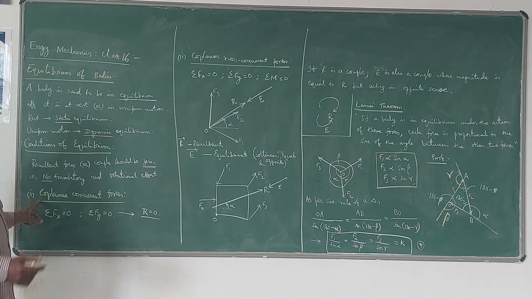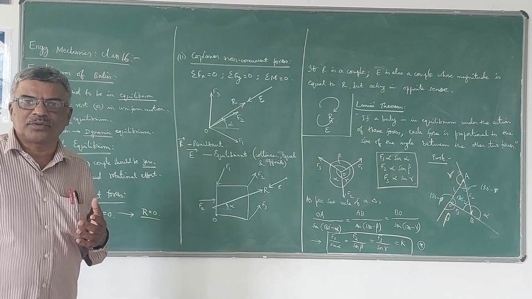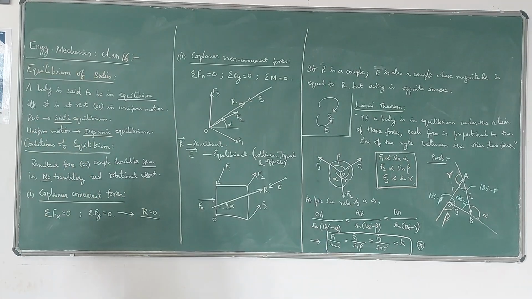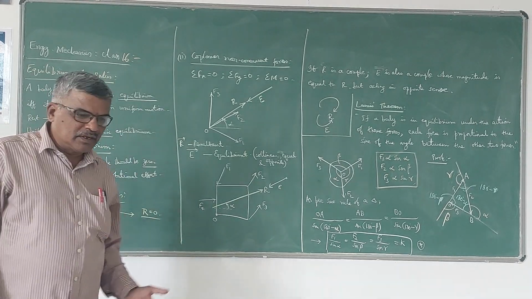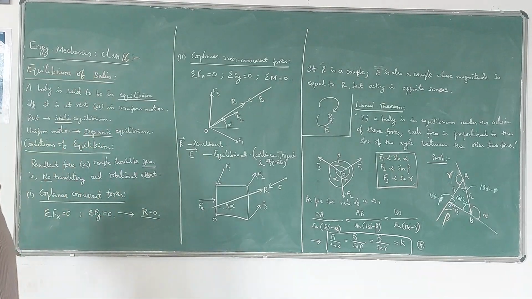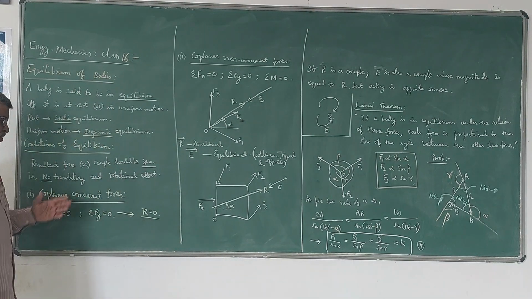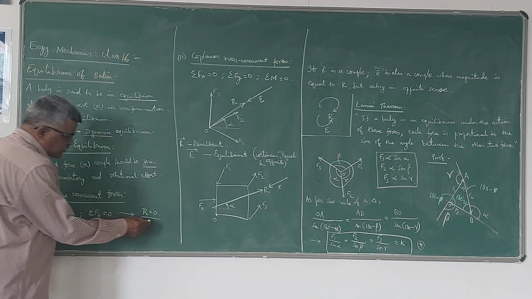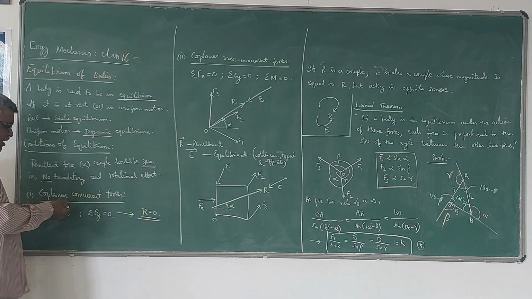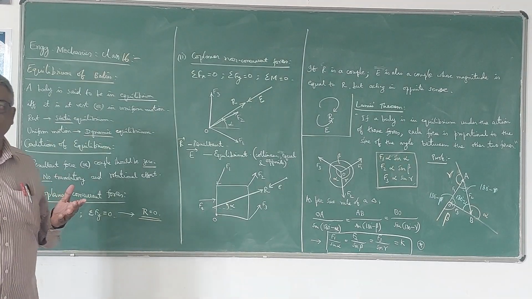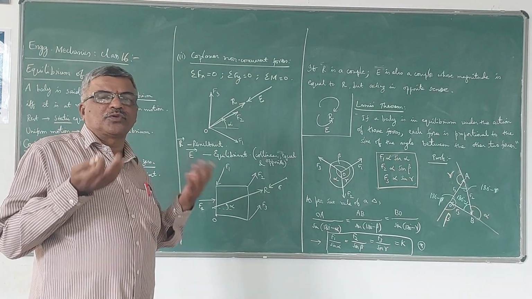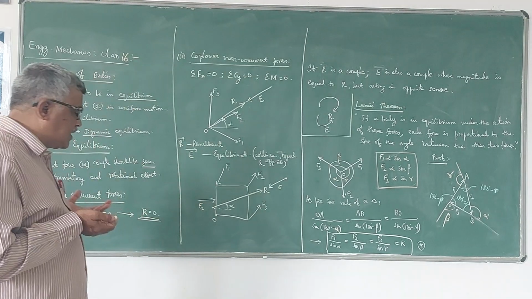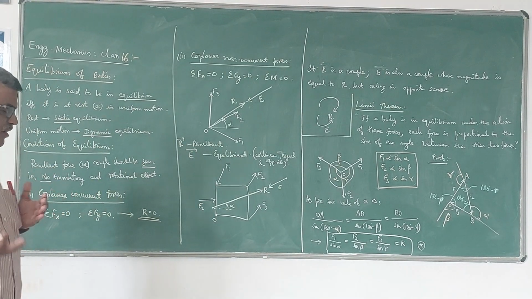There are two different types of force systems we have discussed. One is the coplanar concurrent force system and another is the coplanar non-concurrent force system. The condition for a coplanar concurrent force system is that the resultant should be zero. In the case of a concurrent force system, you don't have the concept of moment, because all the forces pass through a common point of concurrence, and the resultant also passes through the point of concurrence.